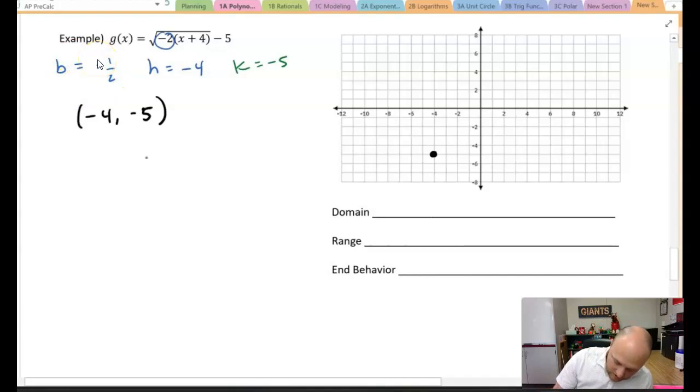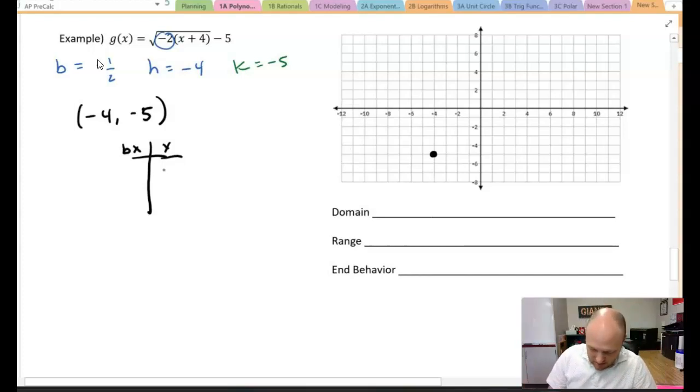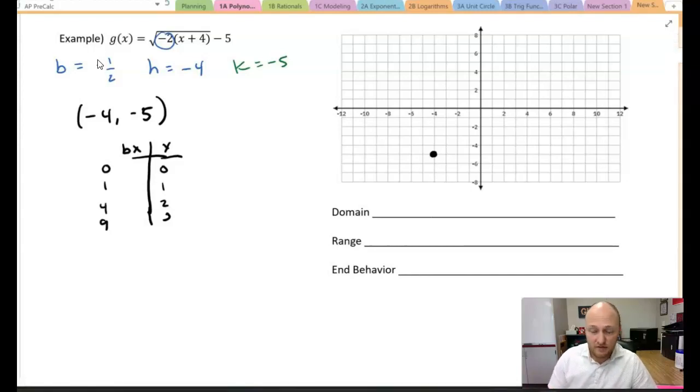So the b value affects my x's, so it's bx, and the y values are unaffected. So 1, 2, and 3, those are unaffected. But my 0, my 1, my 4, and my 9, all of these are going to get multiplied times this b factor, which is a negative 1/2.